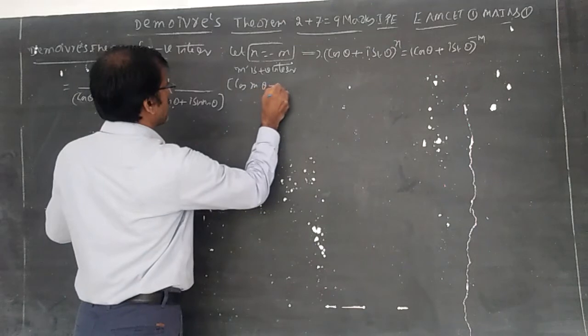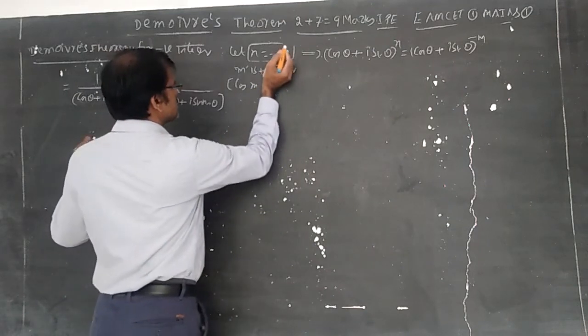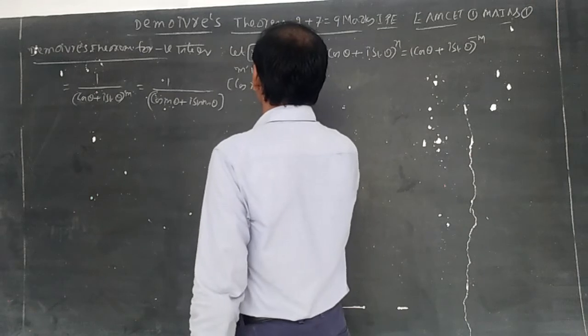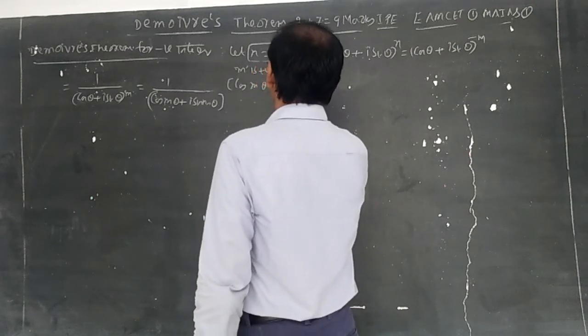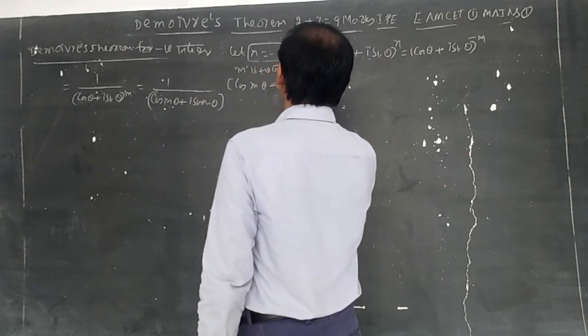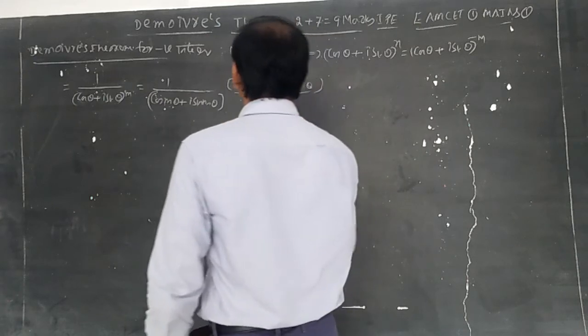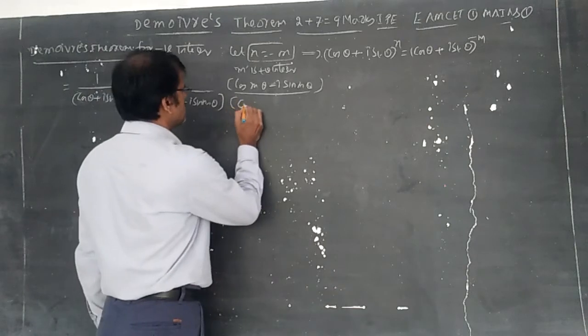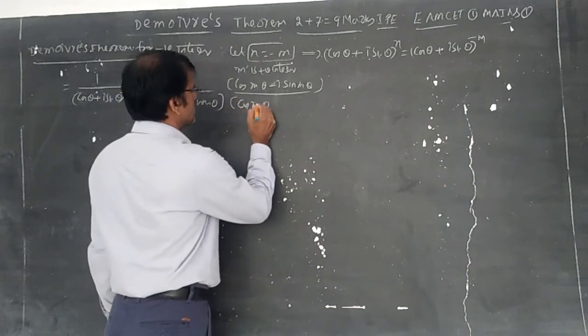Now you multiply with the opposite sign, that is, with the conjugate complex number, cos m theta minus i sin m theta. Multiply and divide like this.